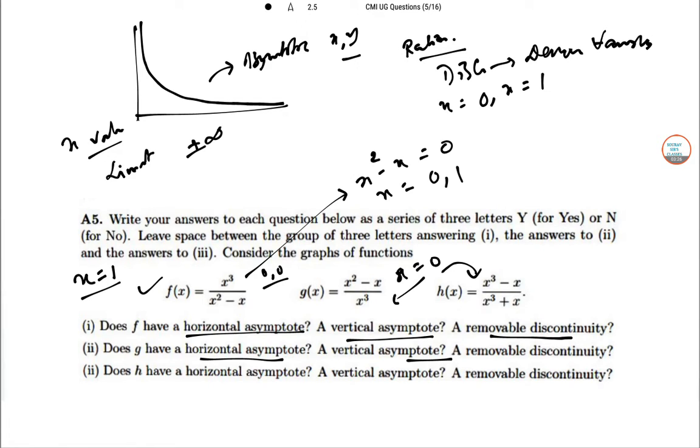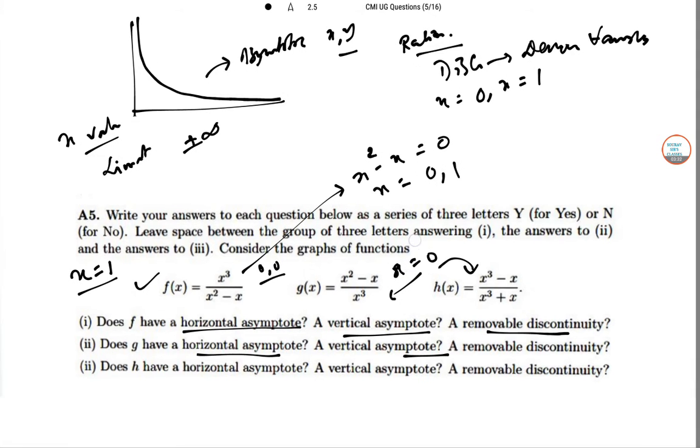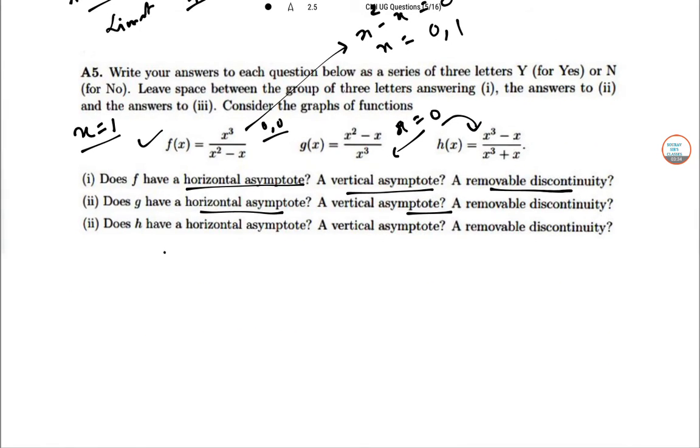It's a vertical asymptote, and f approaches plus minus infinity as x approaches plus minus infinity. So the first part is done. So f has no horizontal asymptote. g has a vertical asymptote at x equal to 0. So the discontinuity cannot be removed.